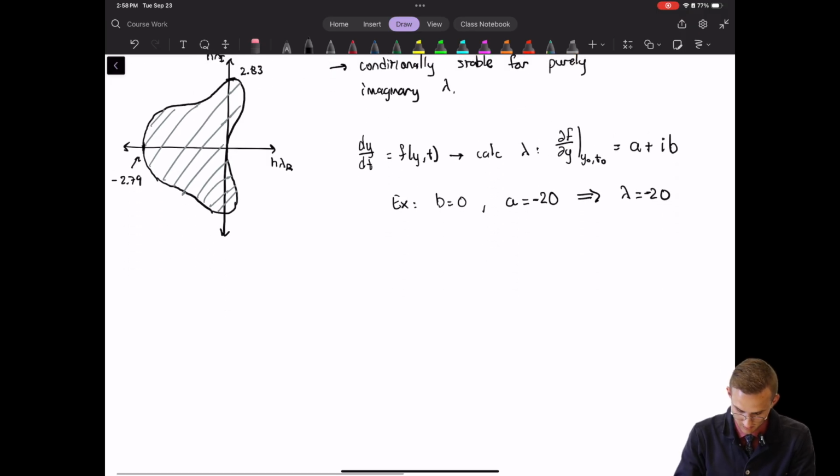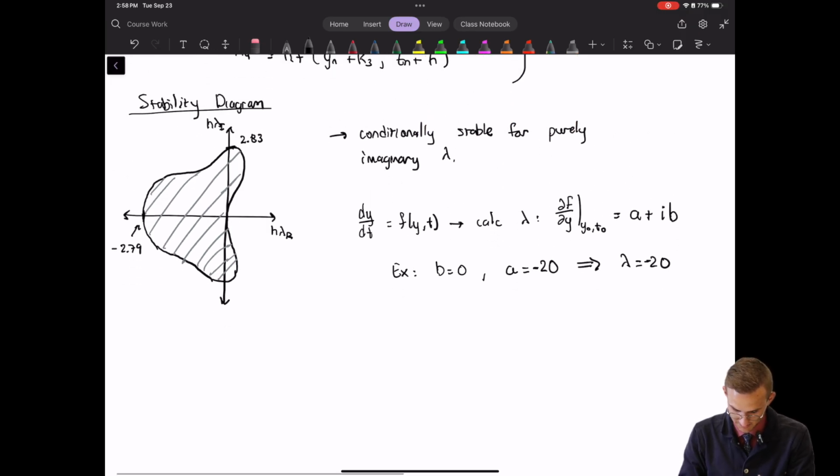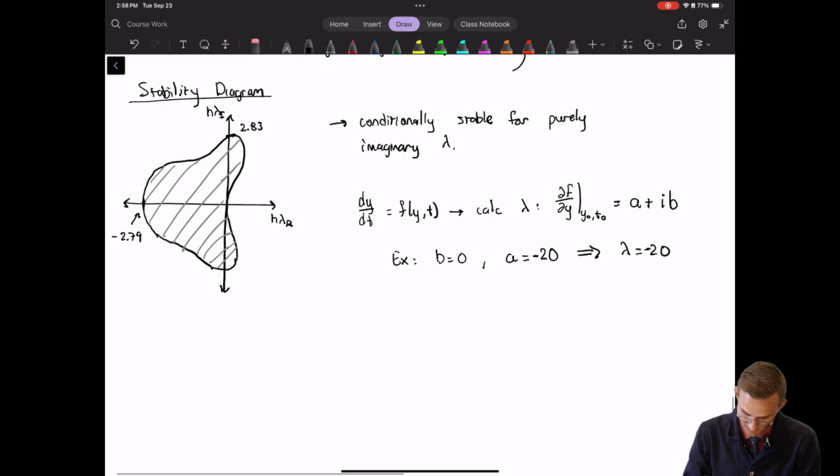Well, let's look at the stability diagram. We're dealing with a purely real lambda, minus 20, so we're looking at the points on this line that I'm drawing in red.